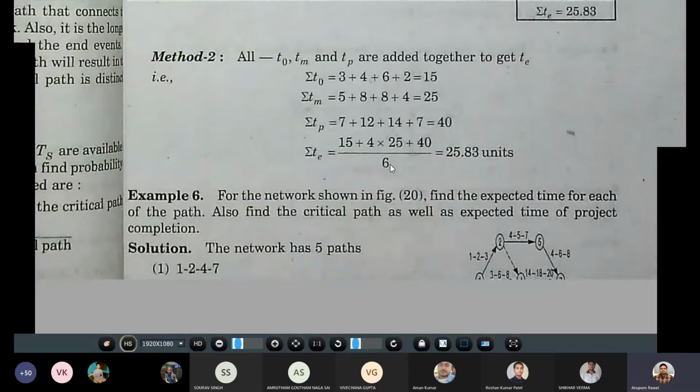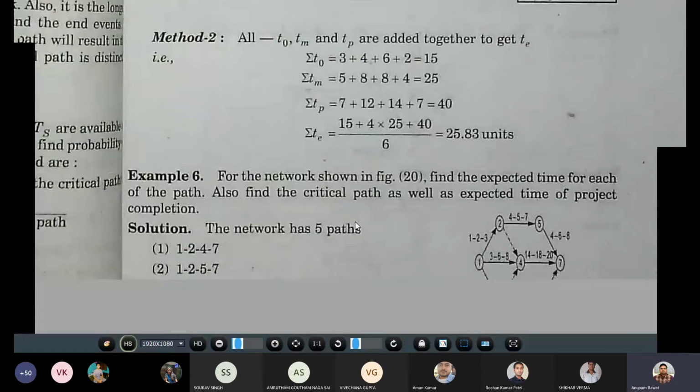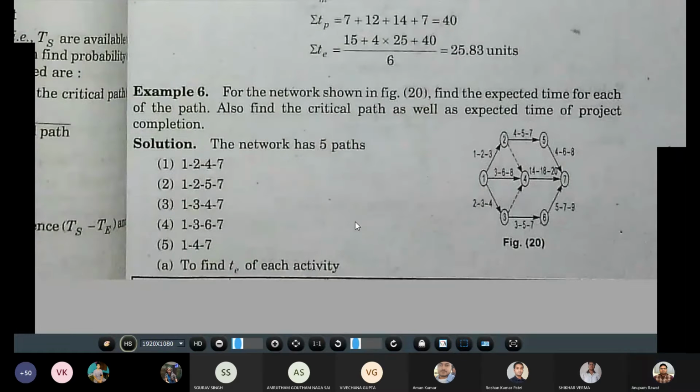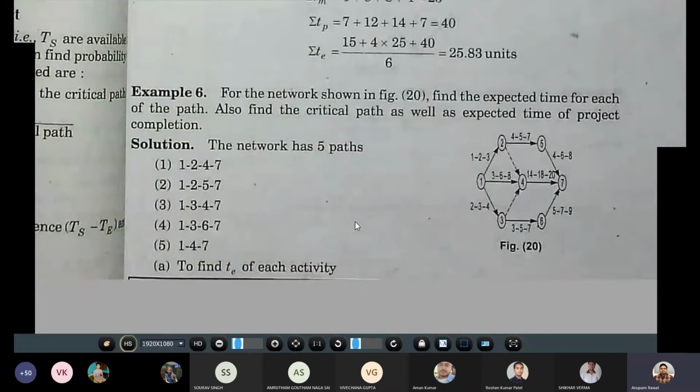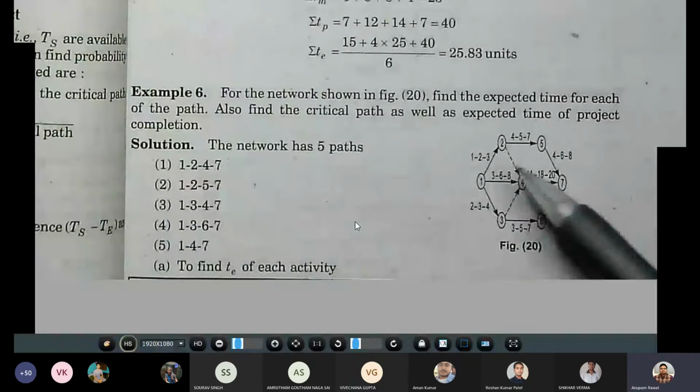So in this example, we have the network diagram, and we have to find the expected time for each of the paths, and also find out the critical path as well as the expected time of the project completion. So in this figure, we can see that the network has five paths: 1, 2, 4, 7.